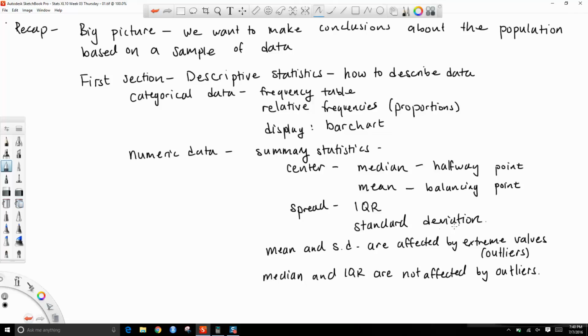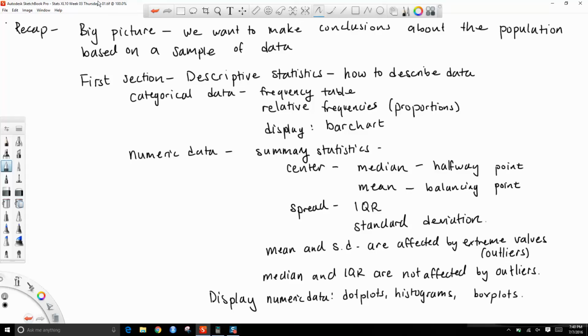And if we wanted to display numeric data, how can we display numeric data? So we have, yeah, I've heard you guys say them. We have dot plots, we have histograms, and box plots. Okay.